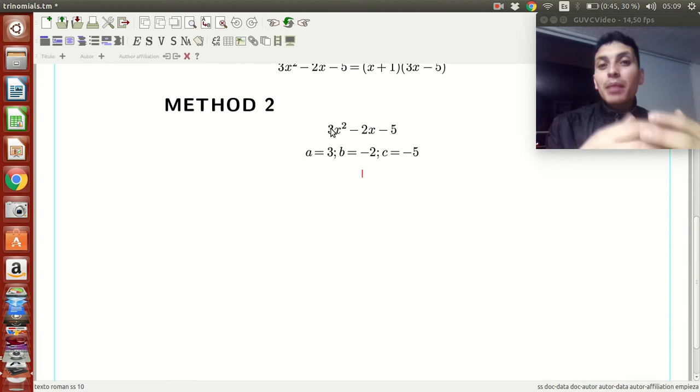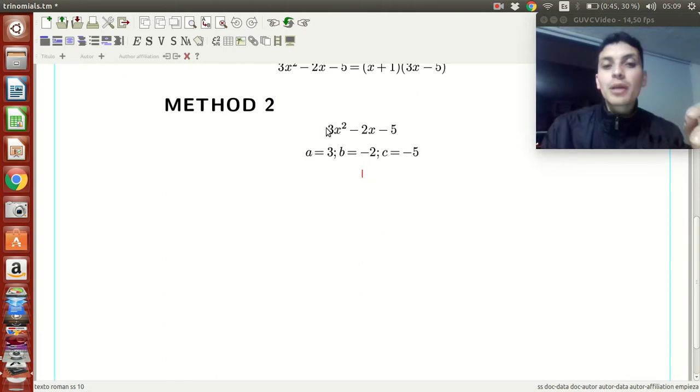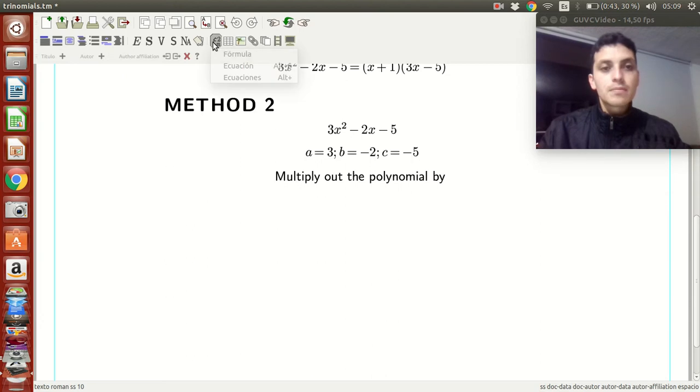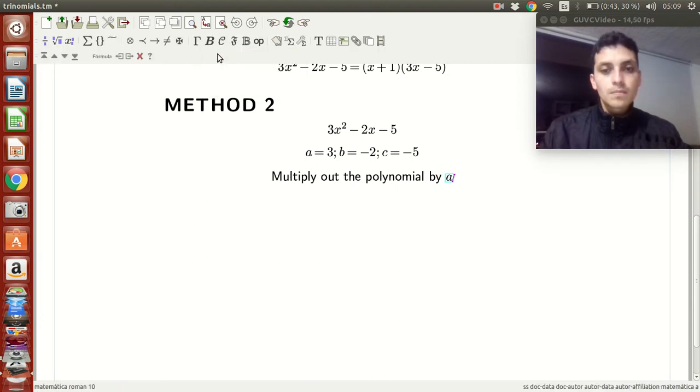But we're going to multiply in such a way that the polynomial will be of the form x squared plus bx plus c. So multiply out the polynomial by a, in this case, 3.